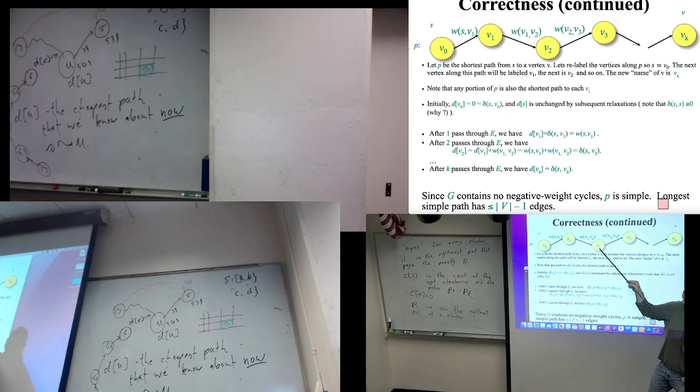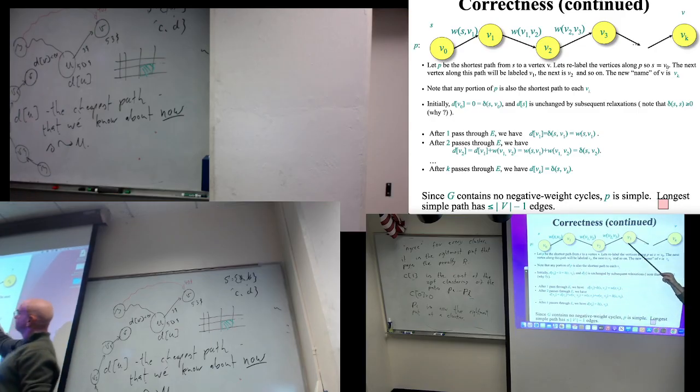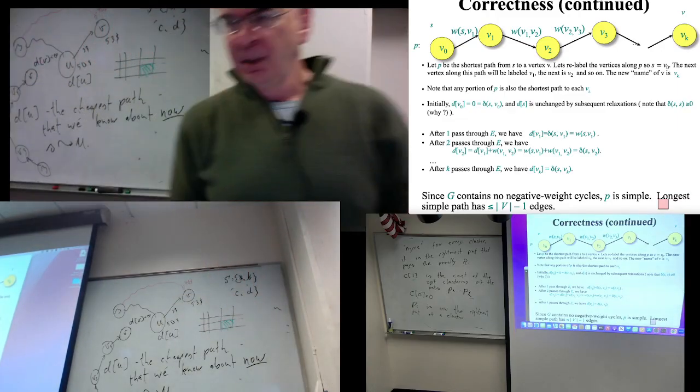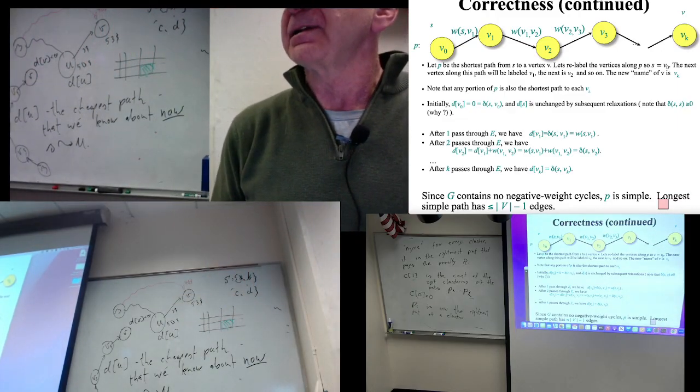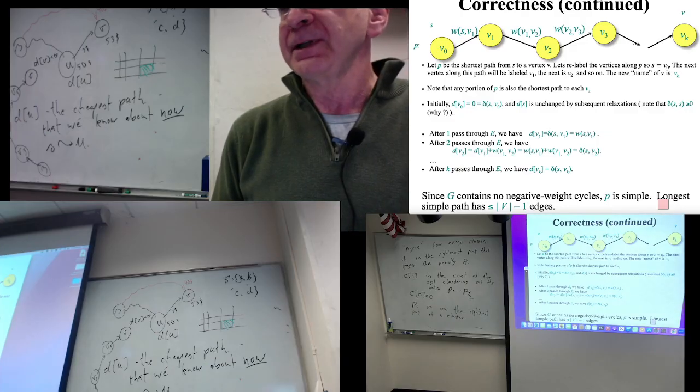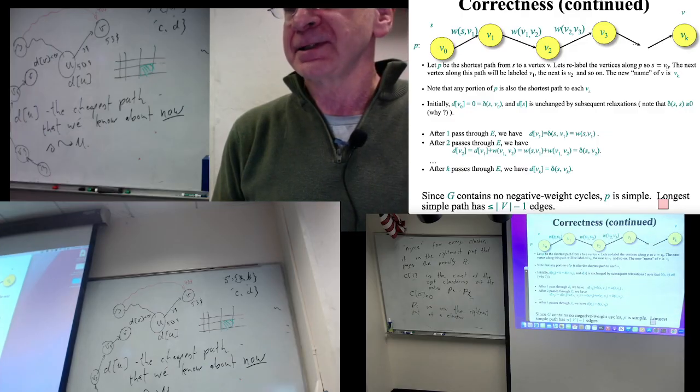After 2 iterations, after the 3rd iteration, V3 knows the distance to it, and so on. Cool. Now, why does the number n minus 1 appear? Well, because that's the longest simple path, simple meaning no vertex appears twice. That's the longest simple path that I can find.